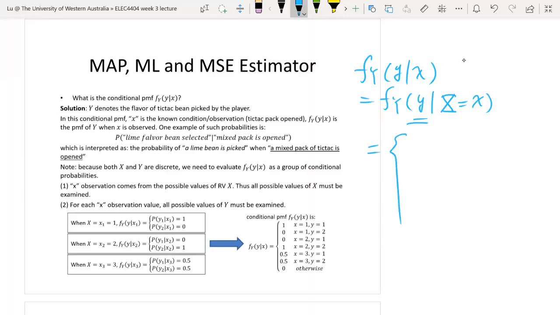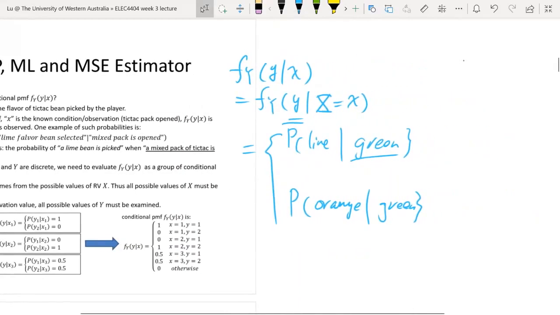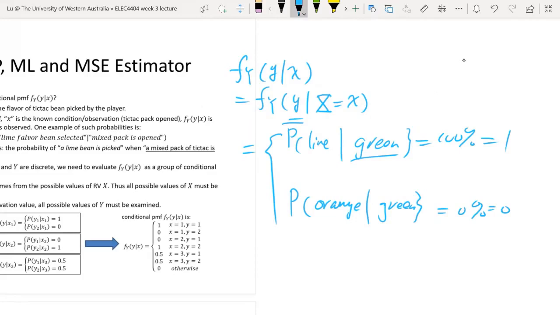For example, I want to know the probability that we got the lime flavor bean when I open a green box. This is the condition. I tell you you are opening a green one. Or what is the probability that you got the orange flavor bean when you open the green box? Of course, the calculation should be simple. This is 100%, equal to 1. This is 0%, equal to 0. Easy question. So this is just what we want to evaluate.